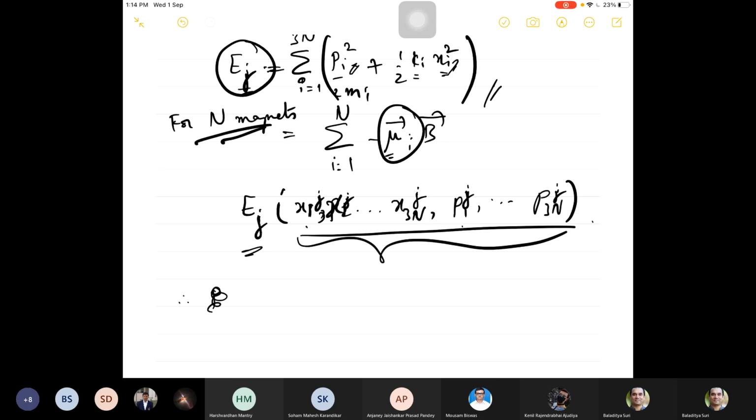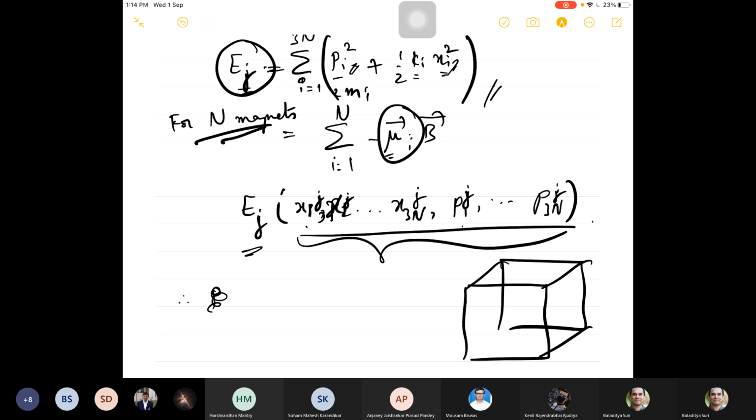The coordinate of a particle inside a volume is a continuous variable; if it's a cubic volume with side L, the coordinates vary continuously from 0 to L along x, y and z. And the momenta can take very large values, so the energy can keep growing indefinitely even for a finite volume gas like this.